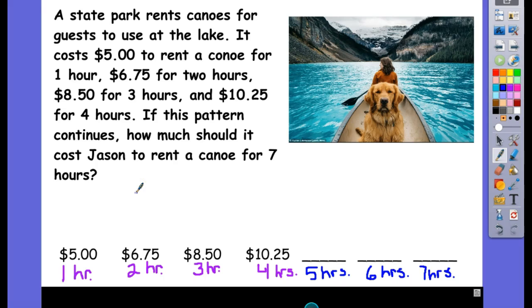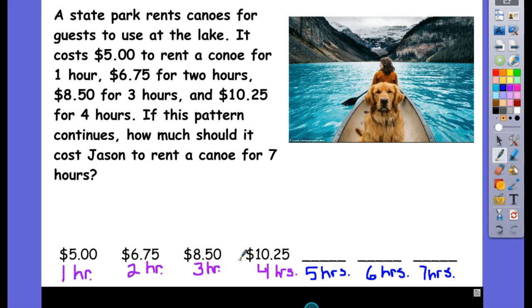Now, how do I find what the pattern is? The first thing you want to do is find the difference between each of these terms. Okay, so what's the difference between, let's say, $10.25 and $8.50? When I'm using the term difference, what operation should you use?